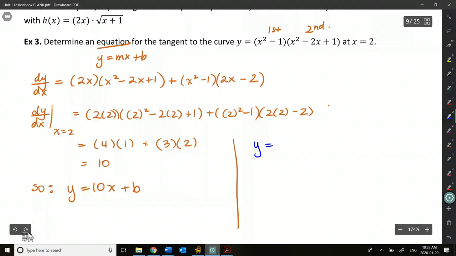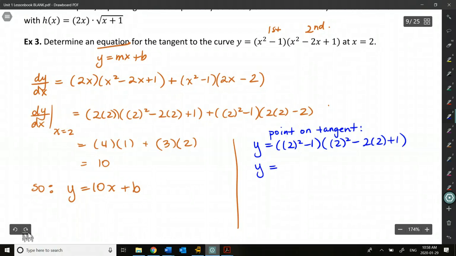Perfect. So in the original equation, in order to find a point on the tangent, Nicole, stop. Okay, in order to find a point on the tangent, it's the point that the tangent line and the function share. So we can actually use the function to help us with that. We're going to plug that x equals 2 into the original function, and then just calculate here. So I think we get 3 times 1, so we get 3.